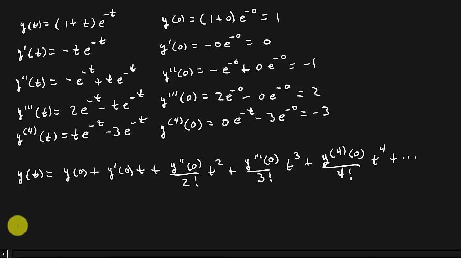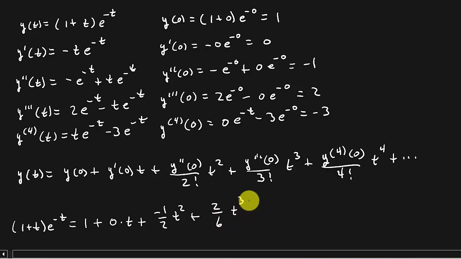So we have 1 plus t e to the negative t is equal to, well, y of 0 is 1, plus y prime of 0, which is 0 times t, plus y double prime, that's negative 1 over 2 t squared, 2 factorial is 2, plus y triple prime is 2, so that's 2 over 3 factorial, that's 2 over 6 times t cubed, plus negative 3 over 4 factorial.